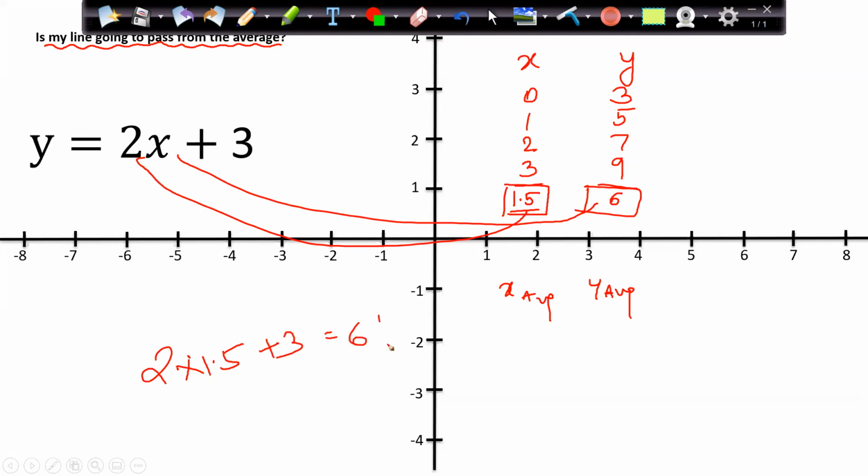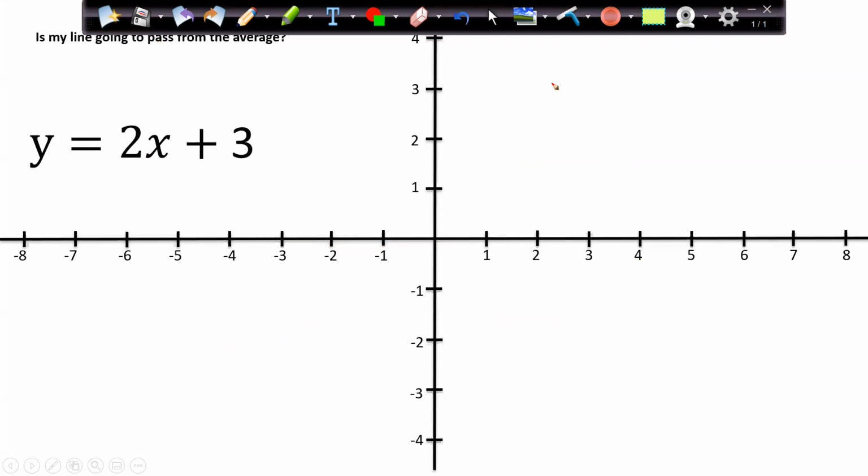Is that 6? Yes. That means can I say that my line is passing from the average of all the points as well? Take any point, any random point. Let's go with any random point. This is the property of a line.